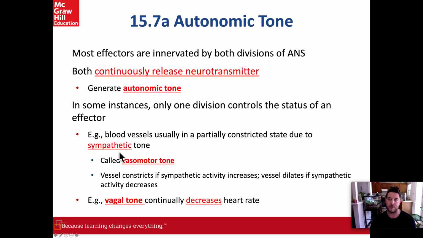Blood vessels are usually due to sympathetic tone, either more or less sympathetic tone, specifically called your vasomotor tone. If sympathetic activity increases, you have vasoconstriction, vasodilation if sympathetic activity decreases. Your vagal tone as well continuously decreases your heart rate. Your heart rate would be about 20 beats higher a minute without continuous inhibition from the vagus nerve.